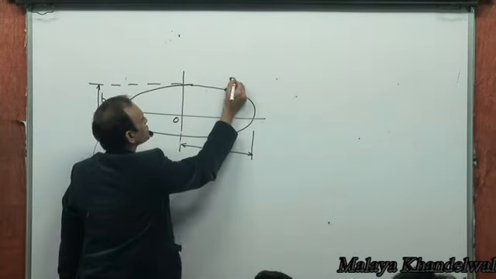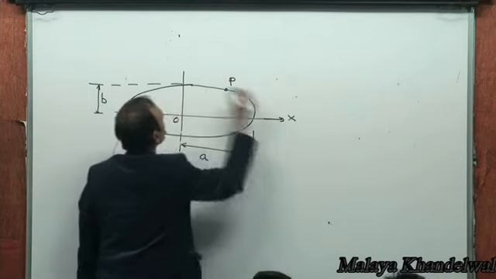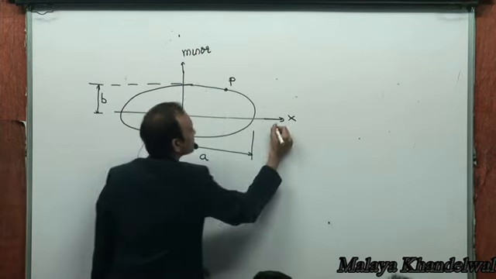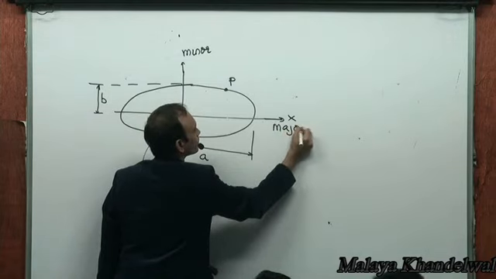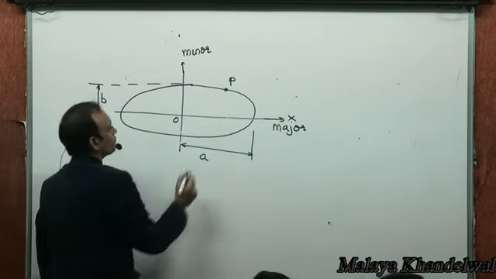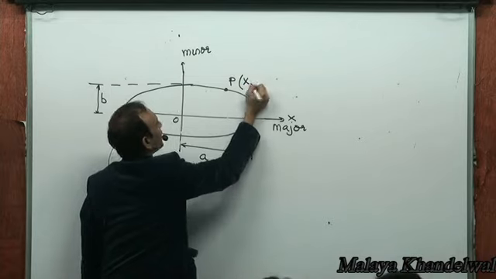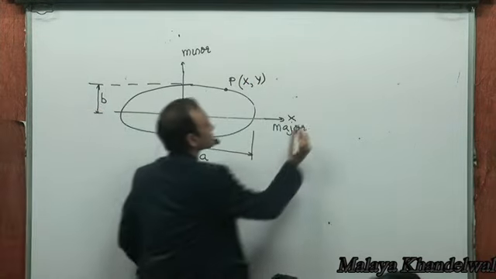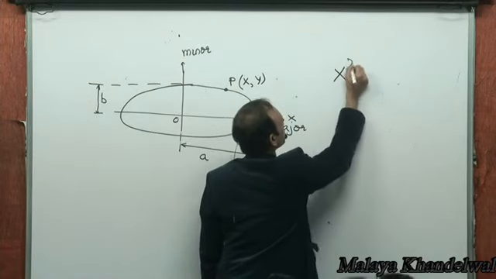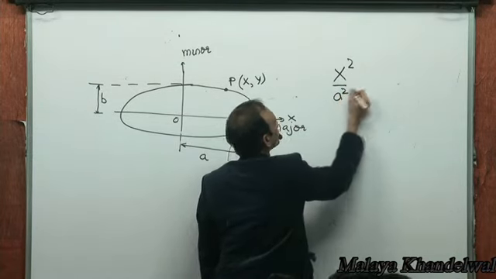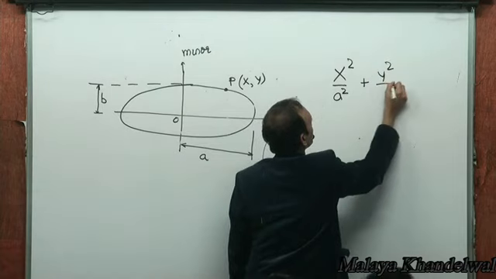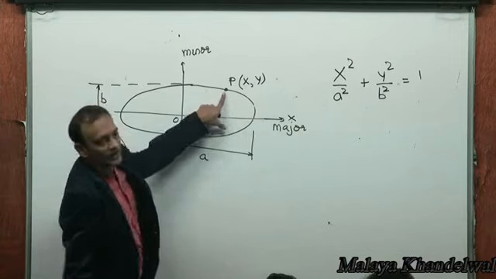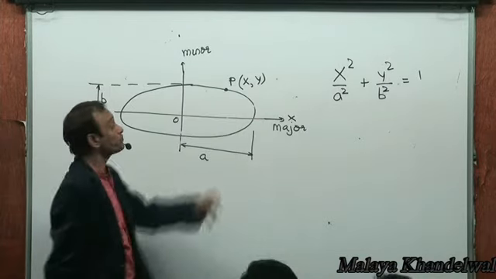And if P(x, y), this is the major axis, this is the minor axis. Right? Now if P(x, y) be any point on the ellipse, the equation of the ellipse, like we've learned, is x squared by a squared plus y squared by b squared equal to 1. That's the equation of the ellipse, satisfied by all points on the ellipse.